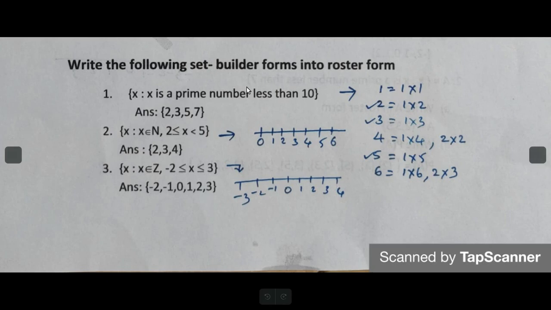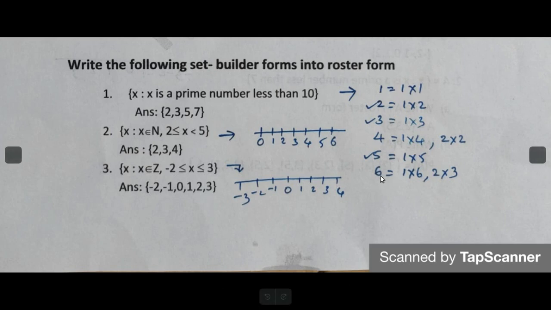So which are the prime numbers less than 10? Yes, definitely 2, 3, 5, similarly 7, only 1 into 7, 7. Okay, 9 is not a prime number because what? 9 can be expressed as 1 into 9, and similarly 3 into 3 is also 9, so 9 cannot be included.